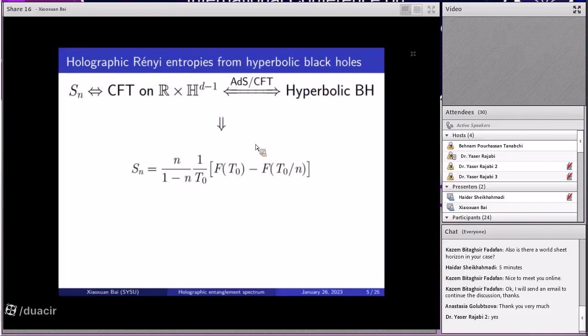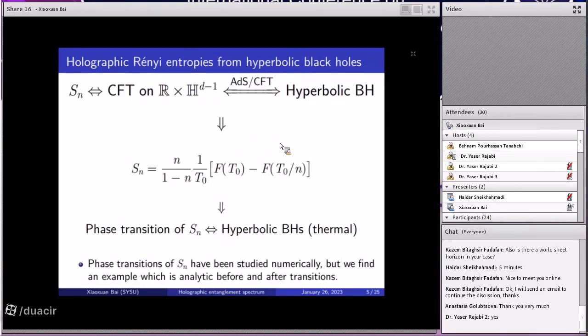So the Rényi entropy can be calculated from the black hole free energy. Then the thermal phase transition of black holes is identified with the phase transition of Rényi entropies. Actually, this kind of phase transition of Rényi entropy has been studied numerically in previous work, but here we find an example which is analytic before and after the phase transition.